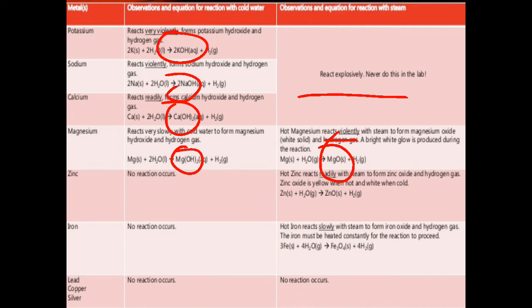So this is a very important observation in case of magnesium. Suppose you can be asked a question that what is that metal that reacts with cold water slowly but reacts violently with steam to give white glow? And the answer will be magnesium.